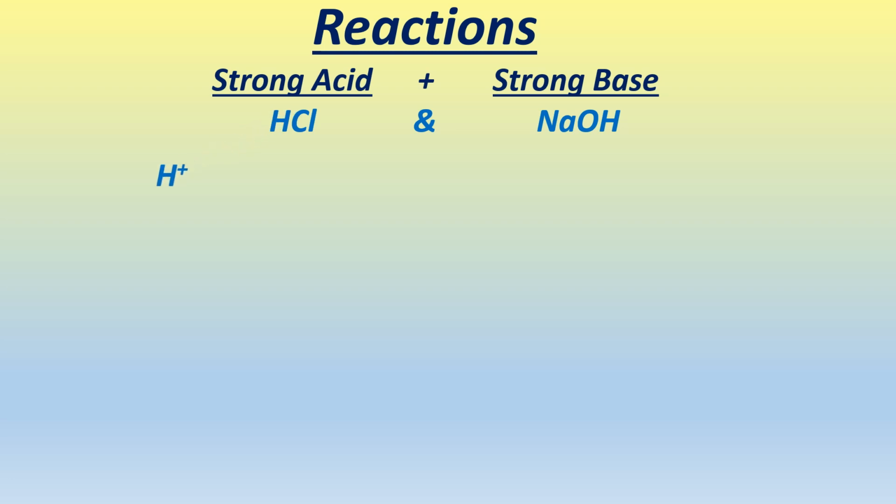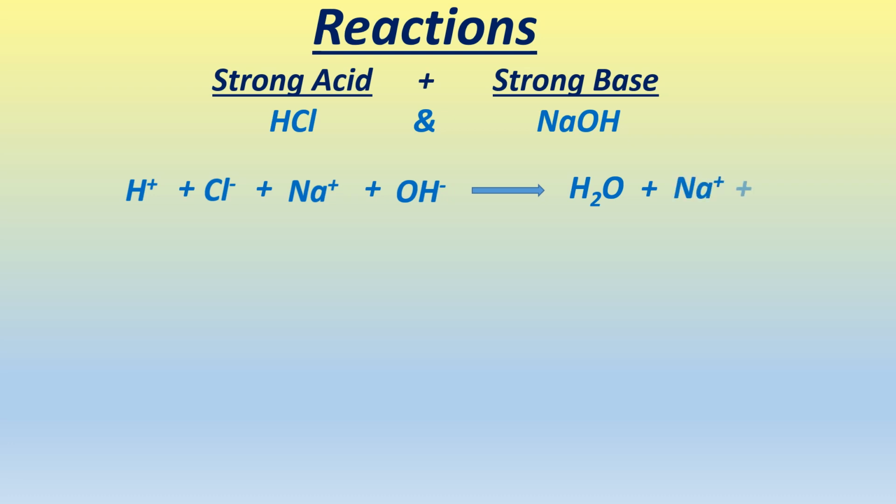I will get an H plus and a Cl minus from the HCl, and an Na plus and an OH minus from the sodium hydroxide. Rearranging those ions, H plus and OH minus gives us water, but sodium chloride is still soluble, so I would still get an Na plus and a Cl minus.